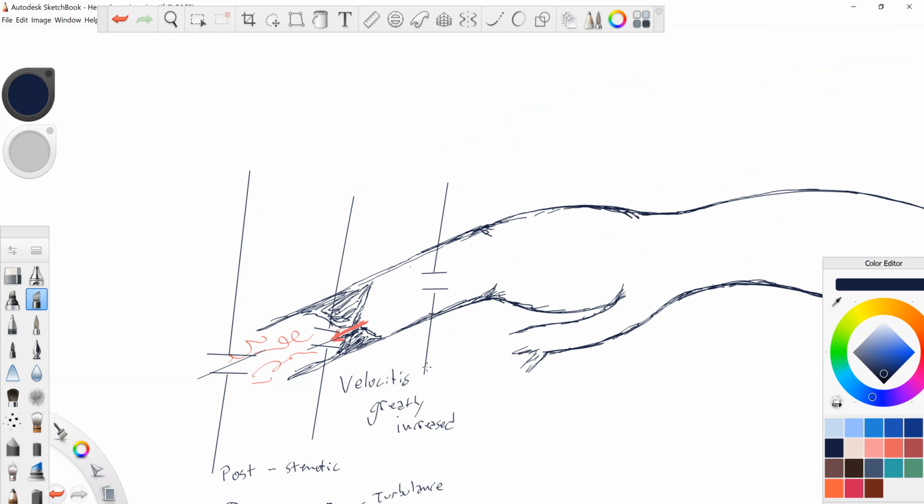We're expecting low resistance flow. Well, with this much resistance for blood to go through, it's no longer going to be low resistance flow. It's going to have a certain look to it.